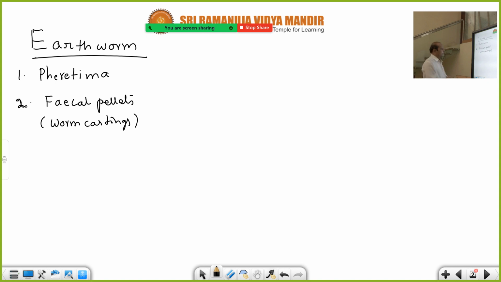You can assess that it is a reddish brown terrestrial form, reddish brown in color, and terrestrial because it lives in burrows of the soil.